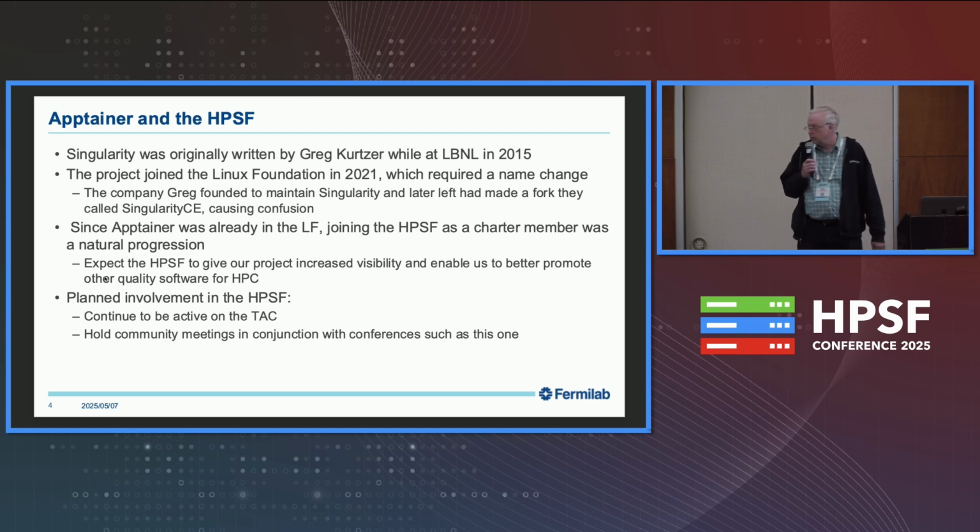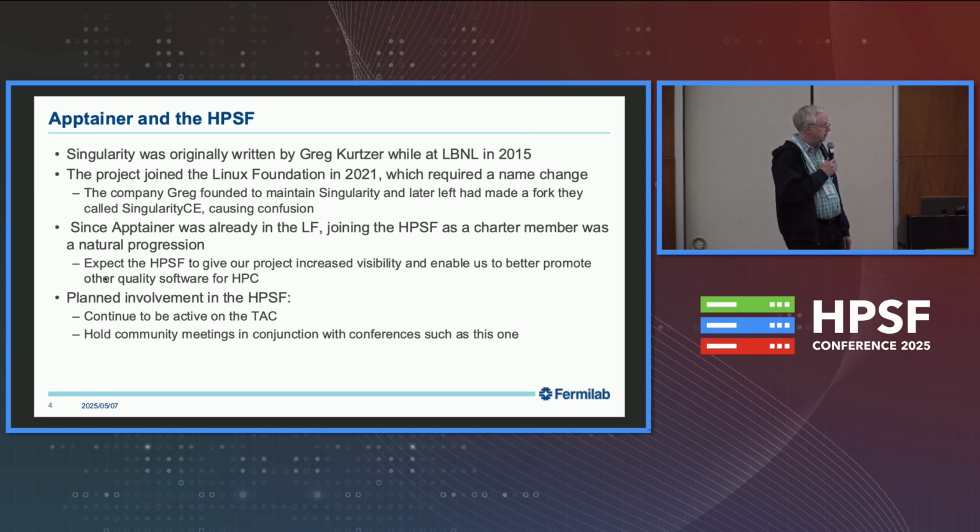Now, Apptainer's relationship with the HPSF. Singularity was originally written by Greg Kurtzer while he was at LBNL, about 10 years ago. Then 4 years ago, we joined the Linux Foundation, probably 3.5 years ago already, and at that point the name changed.